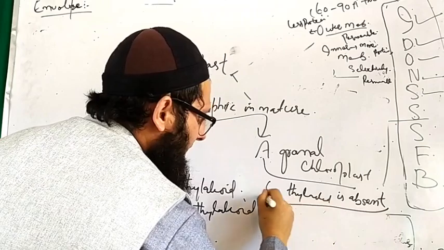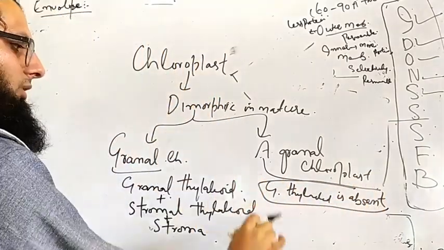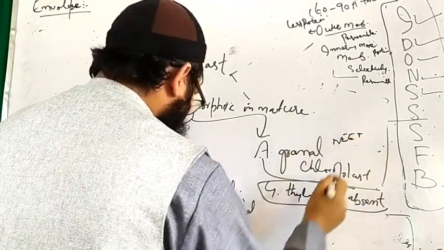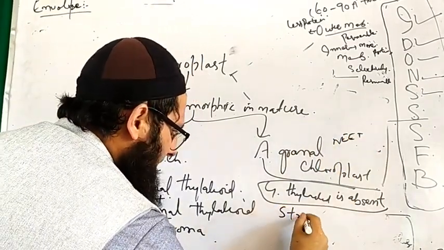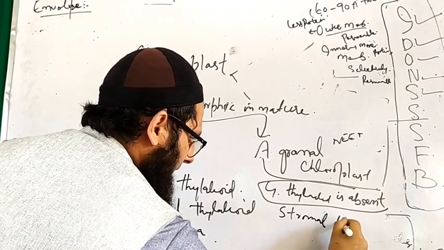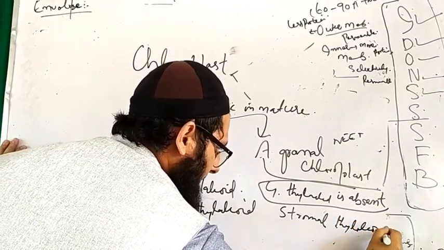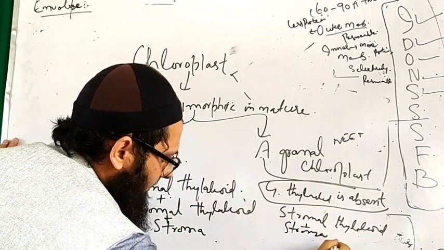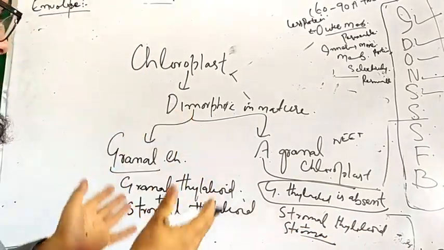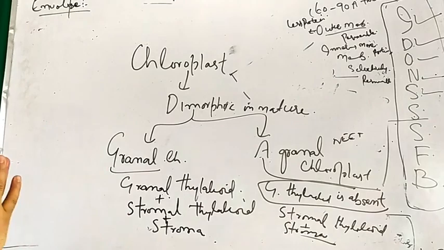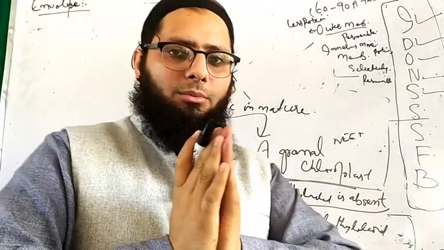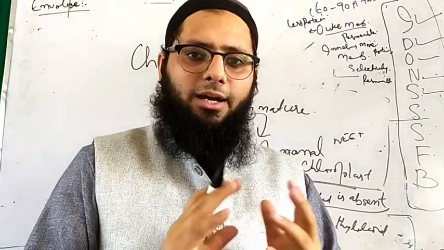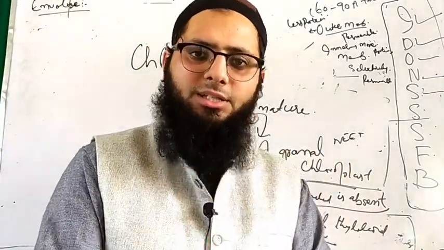This is very important, you note it down. However, the stromal thylakoid is always there and stroma will be there definitely. So the difference is that in the agranal chloroplast, the granal thylakoid is absent, is missing.